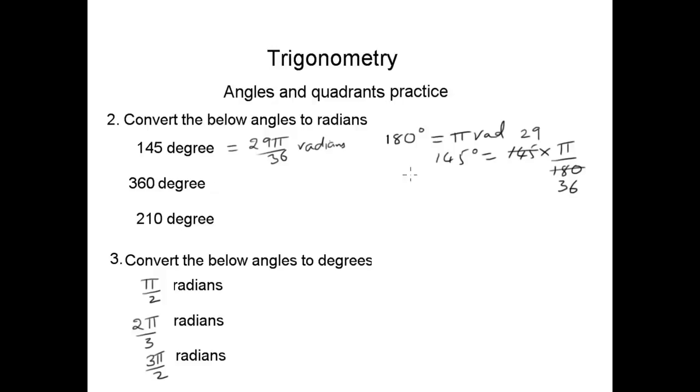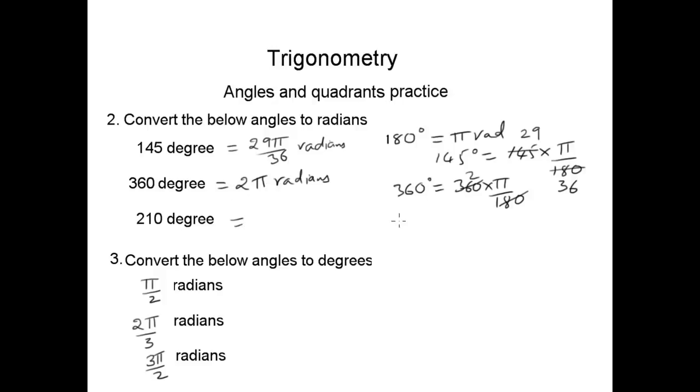Now 360 degrees, in similar fashion, 360 degrees would be 360 times pi over 180, right? 180 twos are 360, so it's 2 pi. So 2 pi radians is 360 degrees. Sure, right? 180 degrees is pi radians, so 360 should be 2 pi.